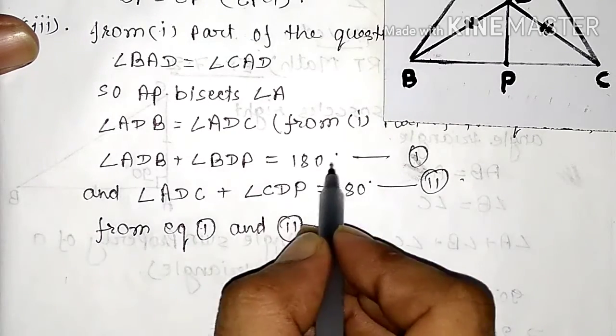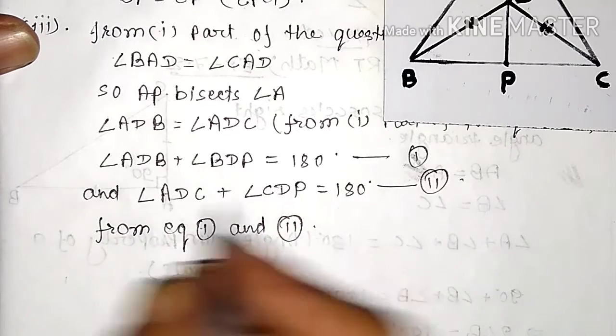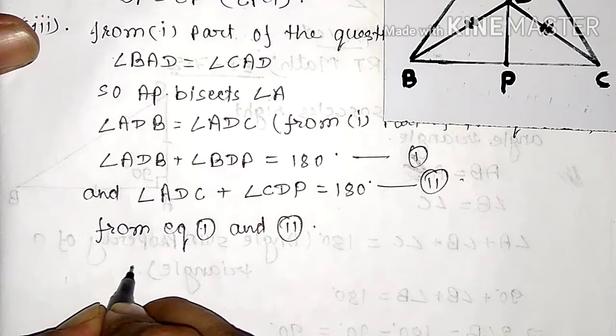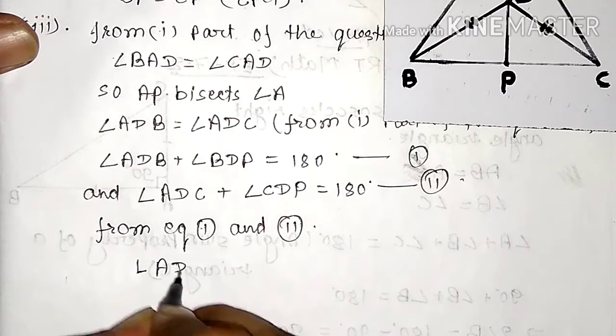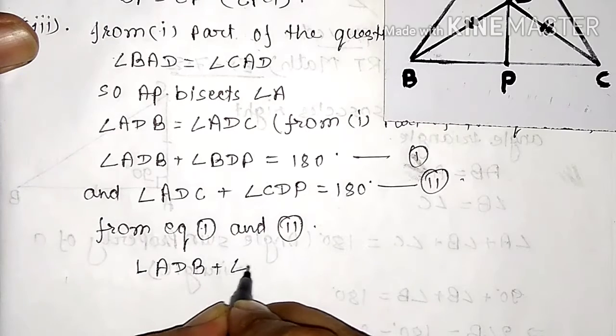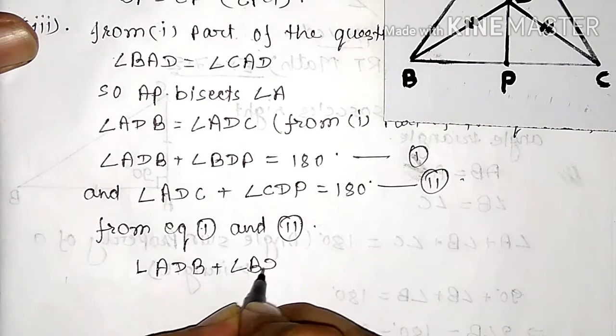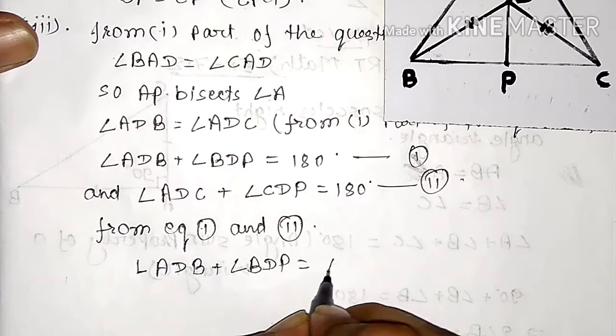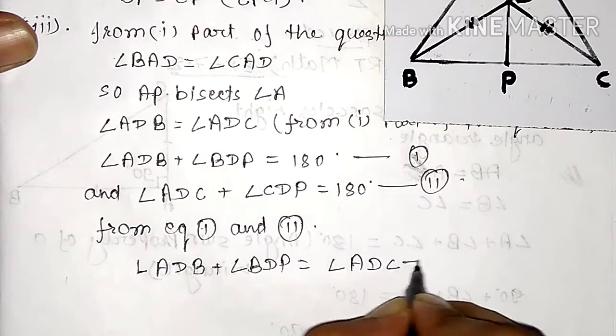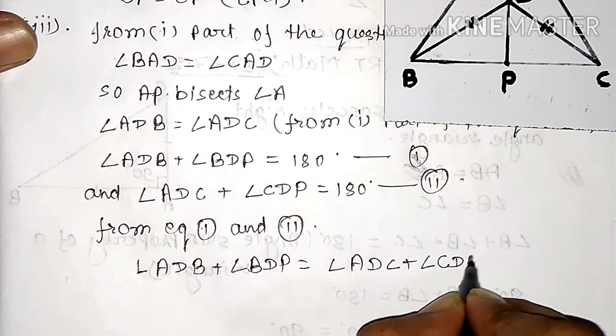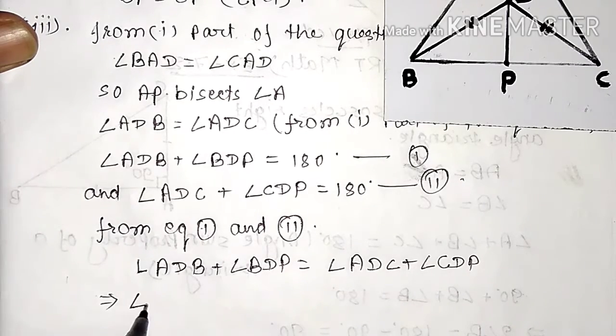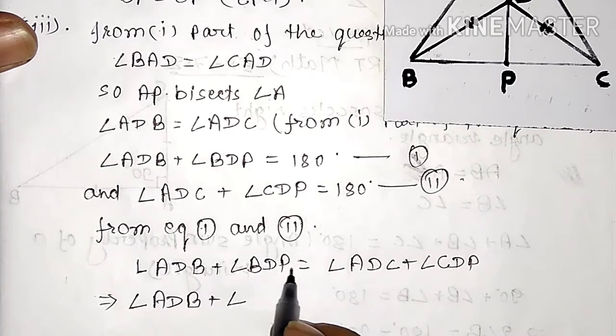ये दोनों इक्वेशन का राइट साइड क्या है? 180 डिग्री. तो लेफ्ट साइड भी इक्वल हो जाएगा, राइट साइड इक्वल है तो लेफ्ट साइड भी इक्वल होगा. So angle ADB plus angle BDP is equal to angle ADC plus angle CDP, and angle ADB, in place of ADB we put here angle ADB plus angle BDP.